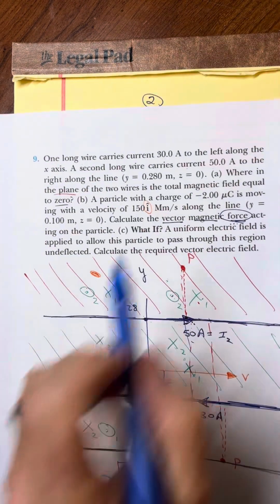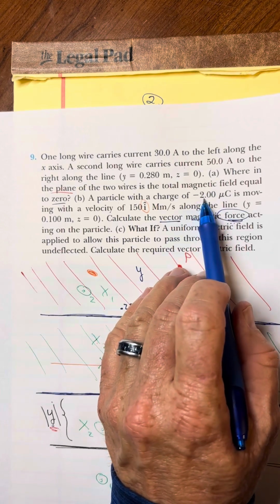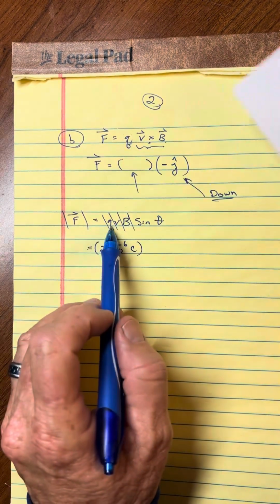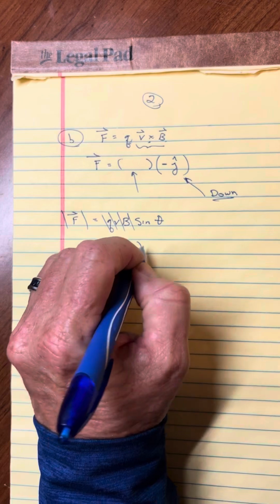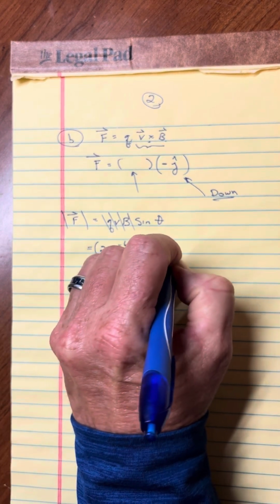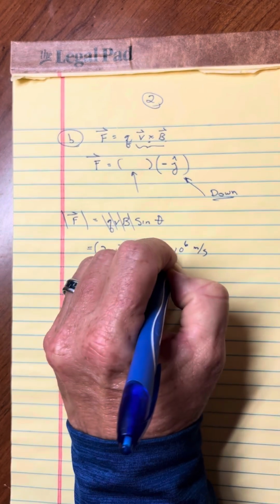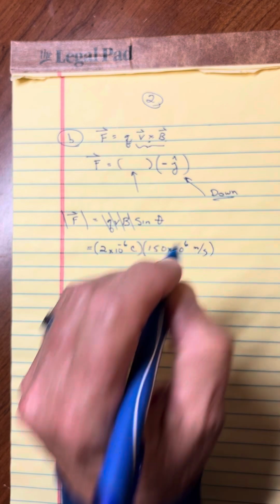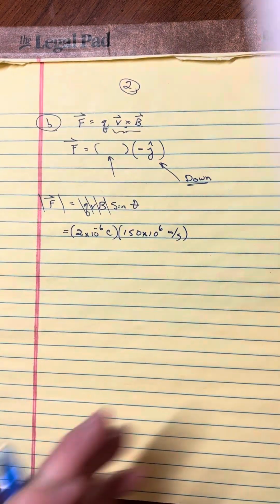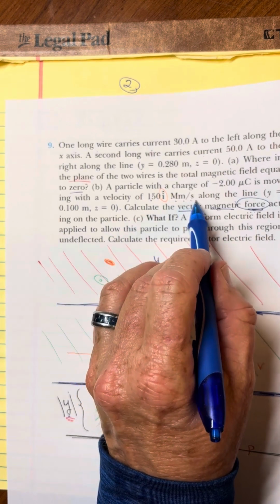That's the amount of charge of a particle of this. And notice I don't even mess with the negative here since I'm doing the magnitude of the force. The velocity is 150 megameters per second. That's what this was all about, 150 megameters per second.